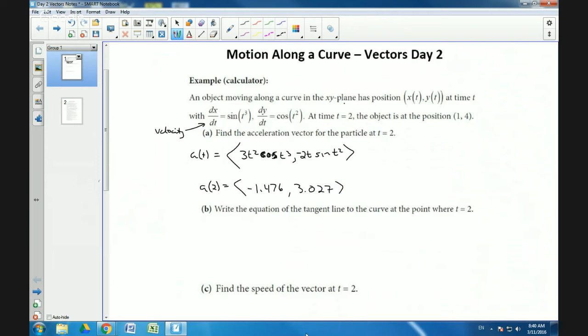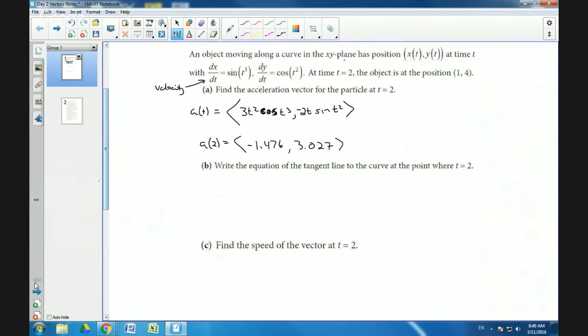Make sure you're in radians mode again, because my pre-calc kids were in degrees earlier.